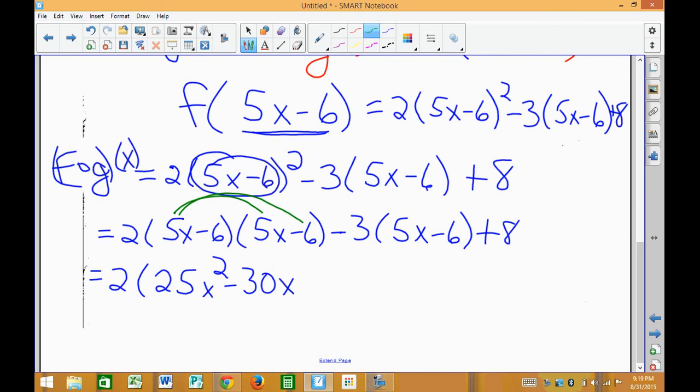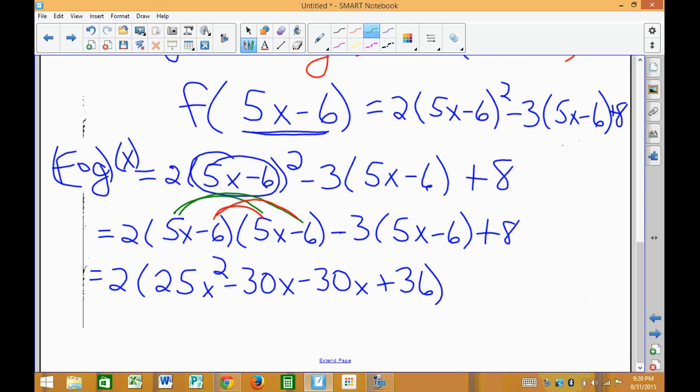Then we do the same with the second part. The negative 6 gets distributed to both, so negative 6 times 5x is negative 30x, and negative 6 times negative 6: two negatives make a positive, 6 times 6, 36.